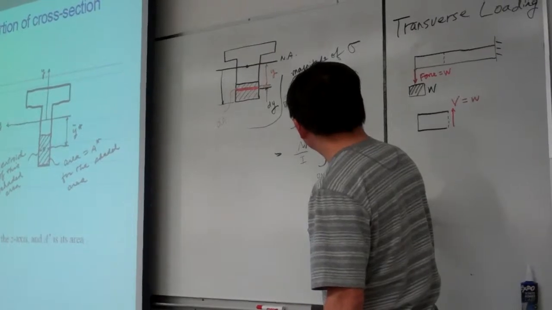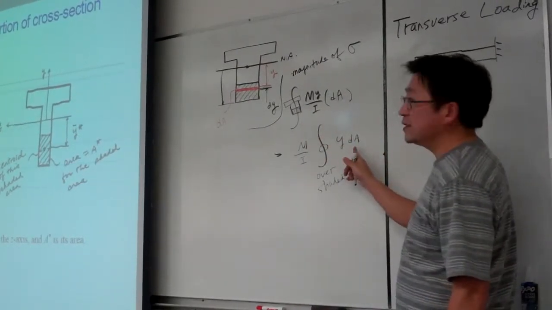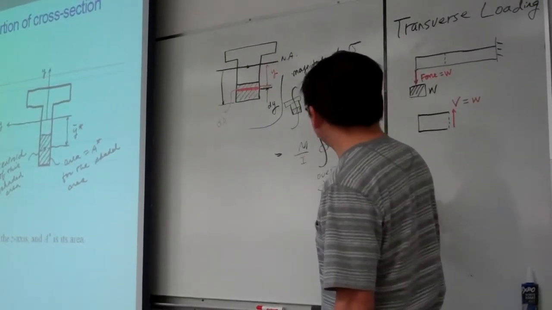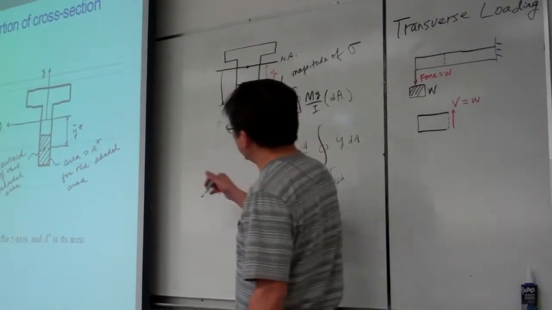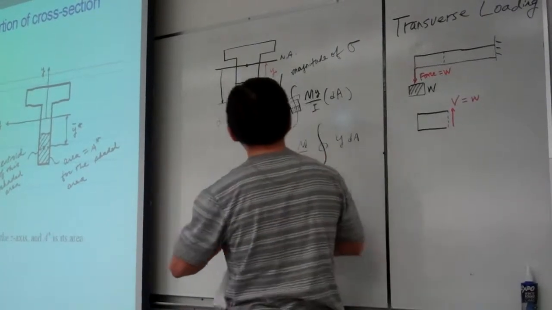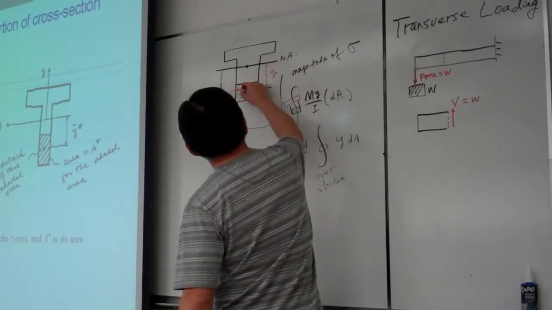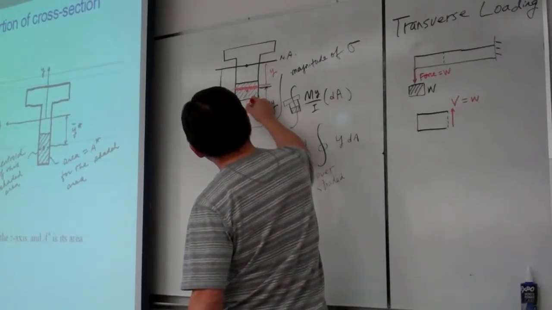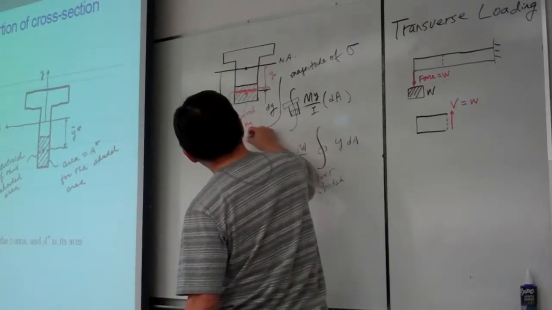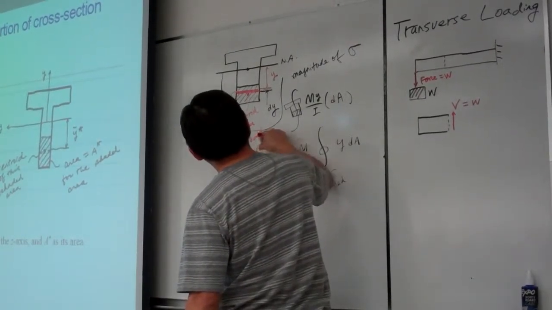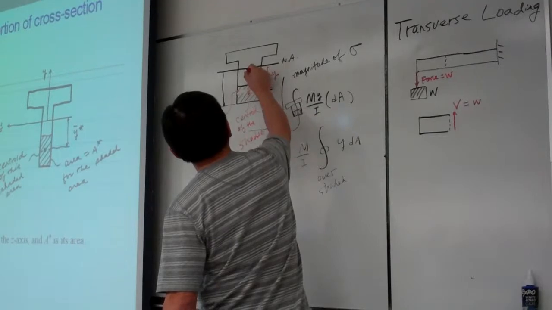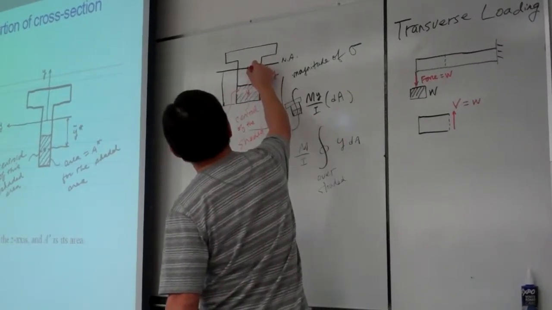And this is over the shaded area. This one, again, we can use our statics information. If we know the centroid, this is the centroid of the shaded area, and the distance from the centroid of the shaded area to the neutral axis, let me call it y bar star.